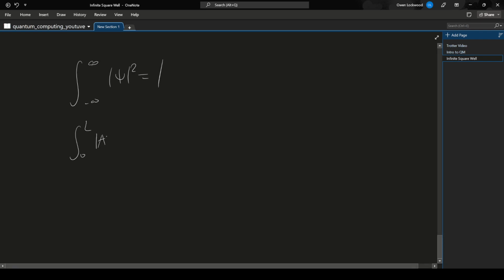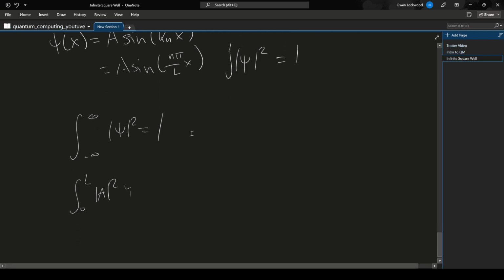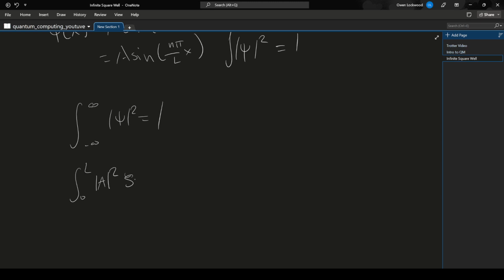And then we have the conjugate. This is all real, so we don't have to worry about that. So we have sine squared of n pi over L times x dx. So we can take our a squared out.